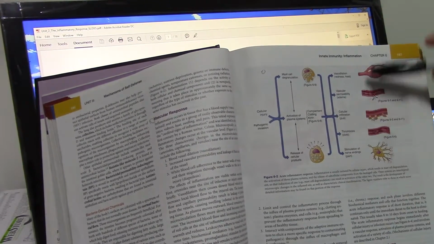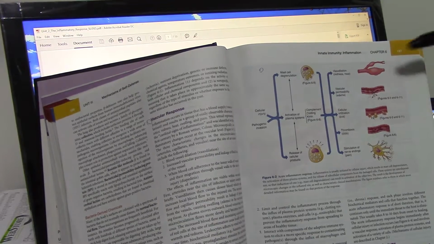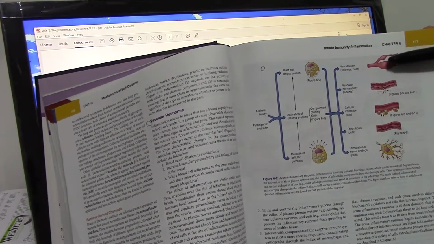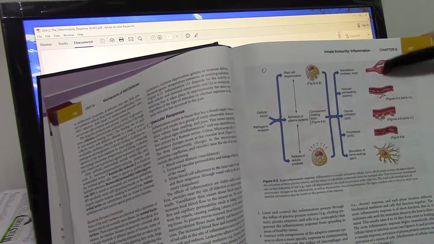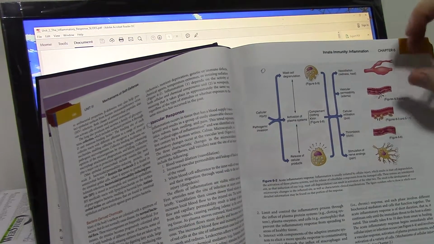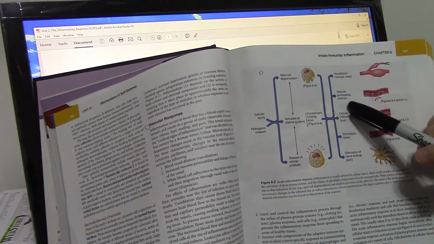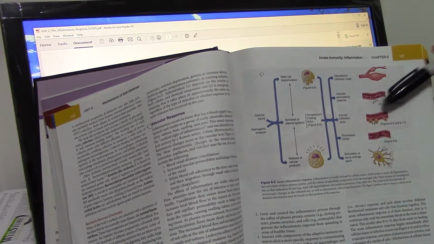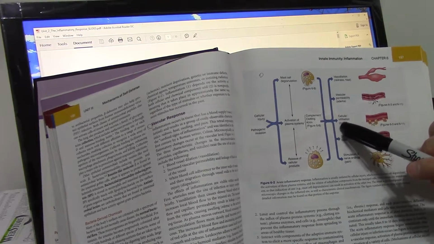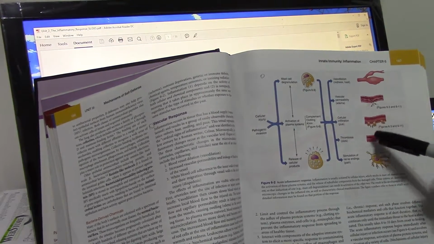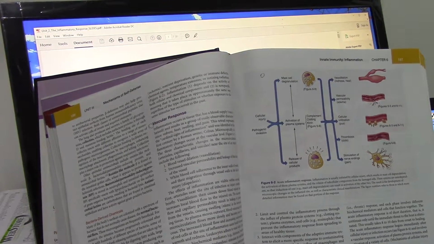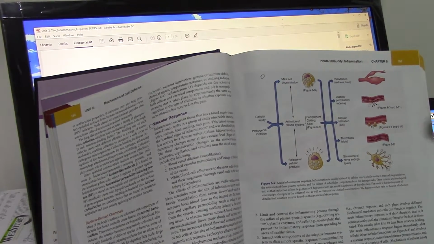Now, the end result of all of this is the classic signs of inflammation. Redness or heat, and that's caused by the vasodilation, the swelling or edema because the blood vessels become leaky, infiltration by cells such as neutrophils and eosinophils and macrophages.